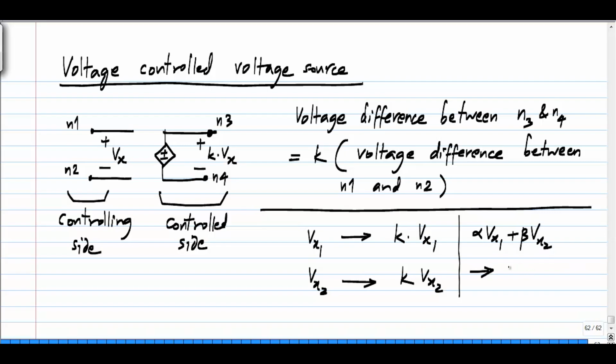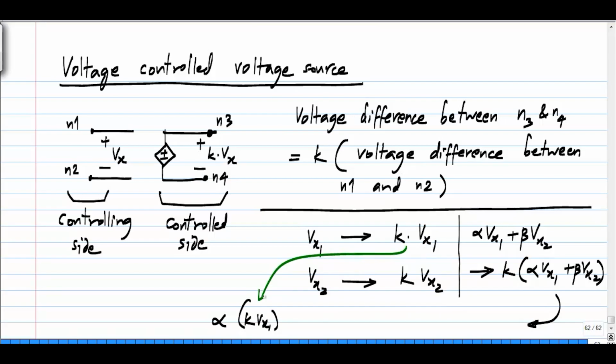Obviously, this results in a controlled voltage which is k times (alpha Vx1 plus beta Vx2), which can be written as alpha times kVx1, the voltage in the first case, plus beta times kVx2, the voltage in the second case.